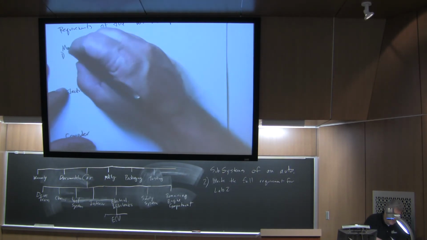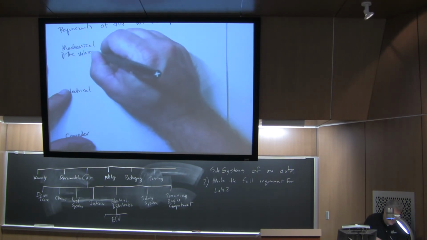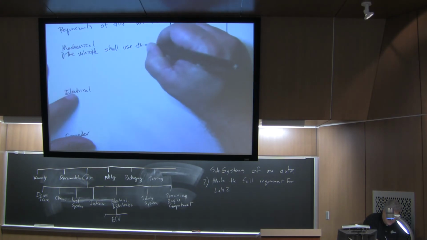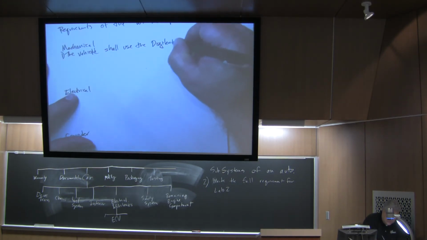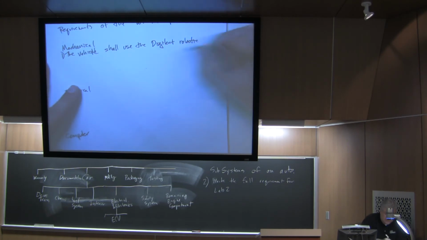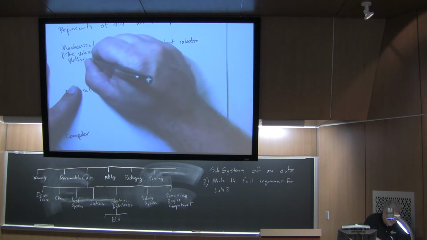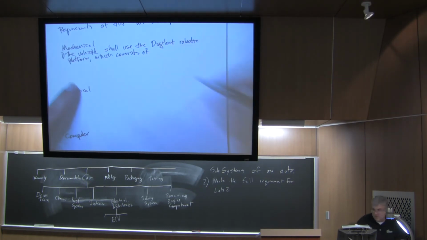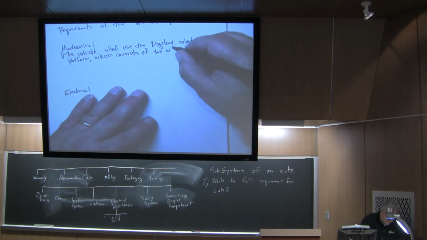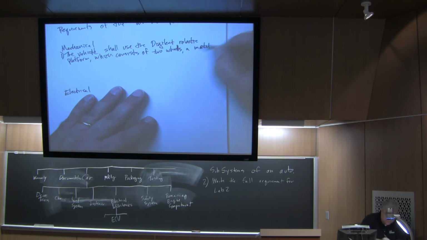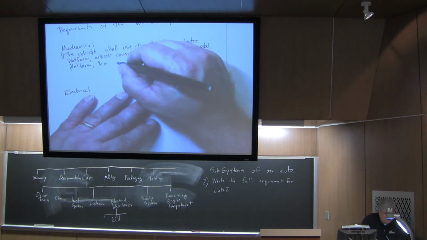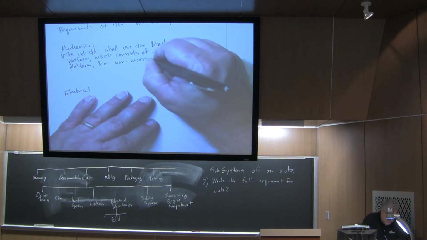Well, one of them we know right now is the vehicle shall use the Vigilant robotic platform, which consists of two wheels, a metal platform, and a non-moving, what do we call that?